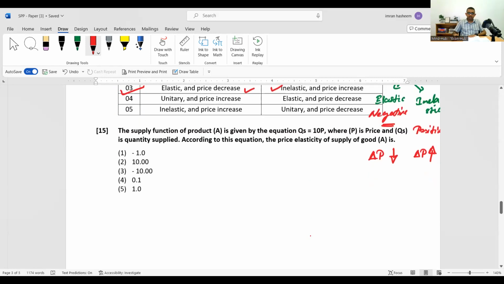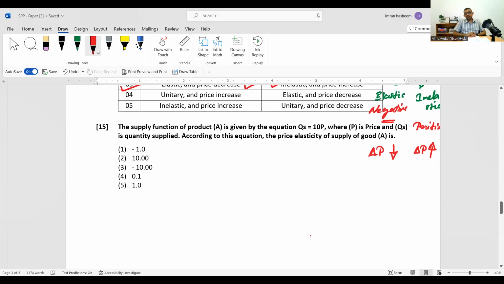Question 15. Supply function of product A is given by the equation QS equals 10P, where P is price and QS is quantity supplied. According to this equation, the price elasticity of good A is, no calculations necessary.